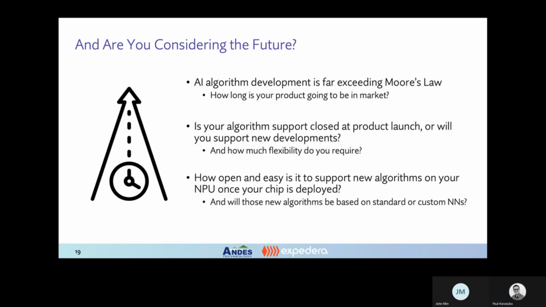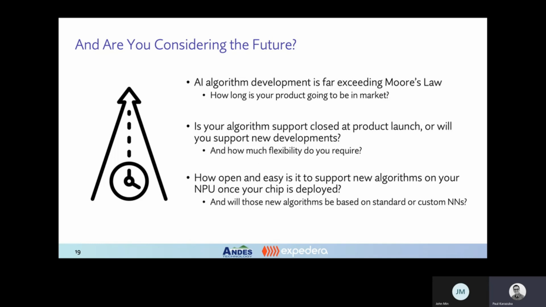And let's also talk about the future. AI algorithm development is far exceeding Moore's law. What I mean by that is AI engines at the silicon level just simply cannot compete with how fast AI algorithms are being developed and the increasing complexity of those.